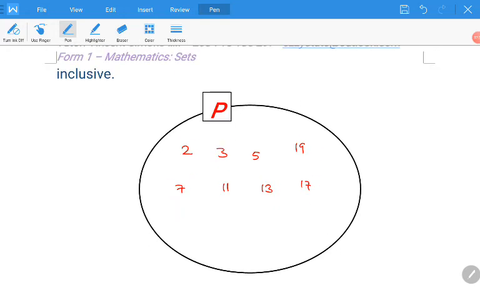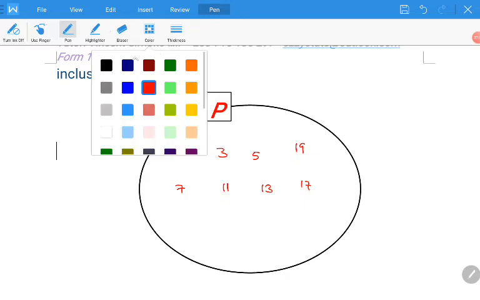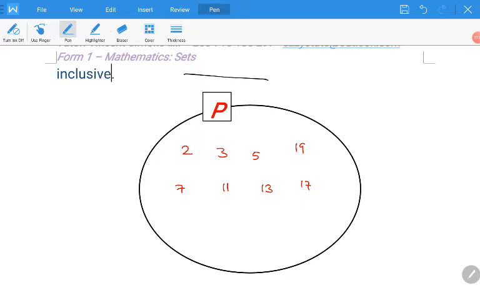So all the other numbers fall outside, but they are in the universal set. So this is our sign for the universal set.